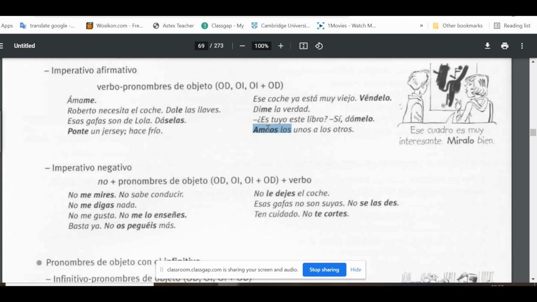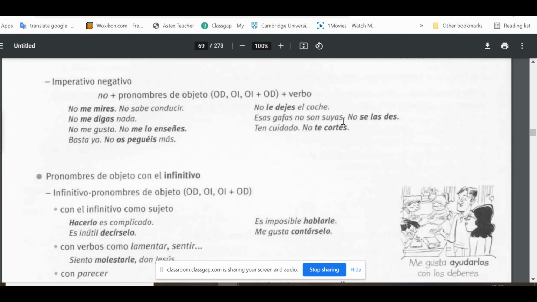So yeah, also with reflexive, you're going to place it after the verb in this situation. When it's negative, just like any normal situation, it goes before the verb, as is the most common in Spanish. So for example, don't look at me, no me mires. So pretty much, with negative, the reflexive part will be before the imperative.